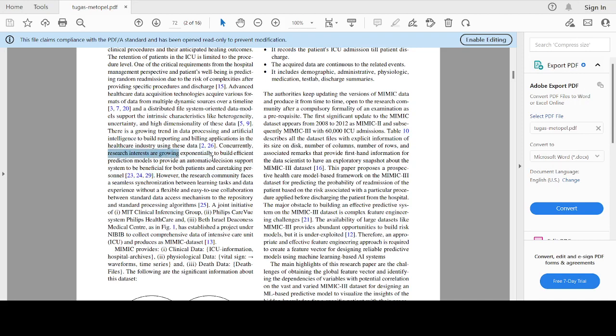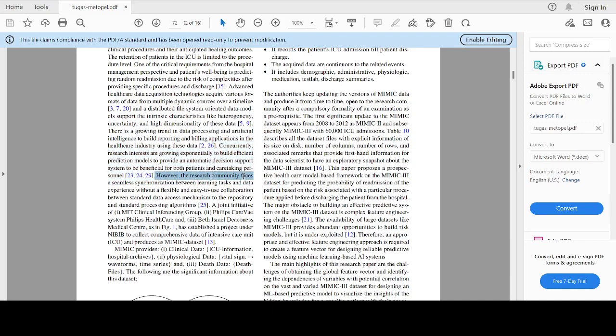Yeah, because people are trying to eventually make one solid model or system that can be directly implemented into a hospital. That is the dream goal of every researcher, I think.